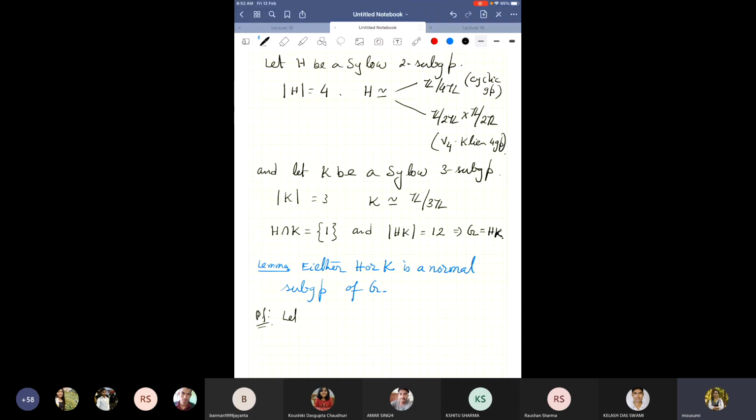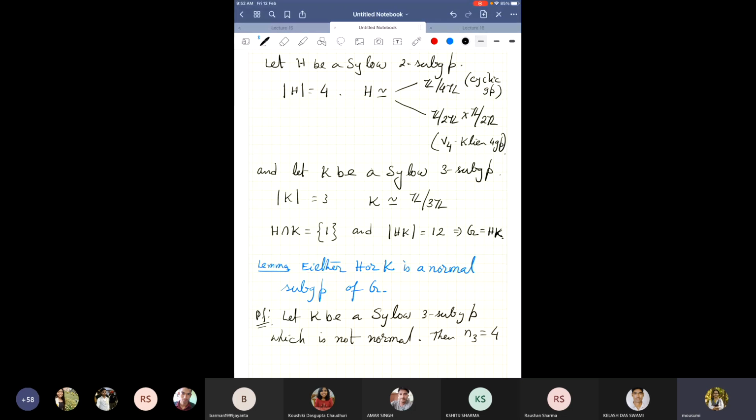So let K be a Sylow 3 subgroup which is not normal. What does it imply? That the number of Sylow 3 subgroups will be equal to 4. Because if it were 1, then it would have been normal.